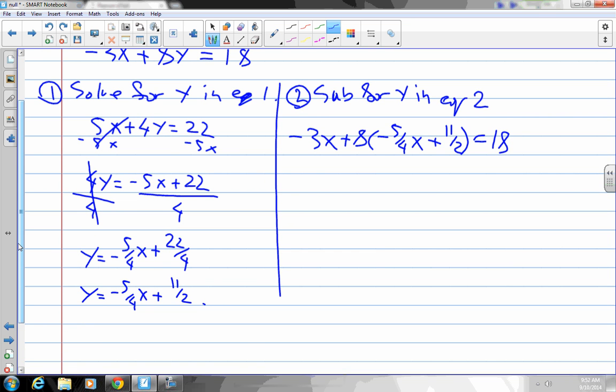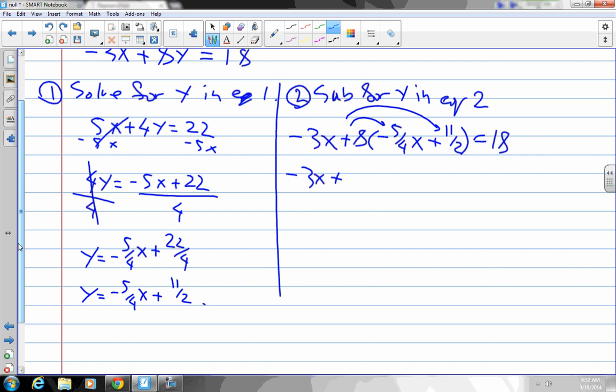Right? We're actually almost lucky that there is an 8 in front of the parentheses, because when you distribute the 8, it kills all the denominators. So that's going to work out better than we thought. It's not completely a messed up example. So negative 3x plus. So the way you multiply 8 by 5/4, how do we do that? We should do it fast. How many times 4 goes into 8?